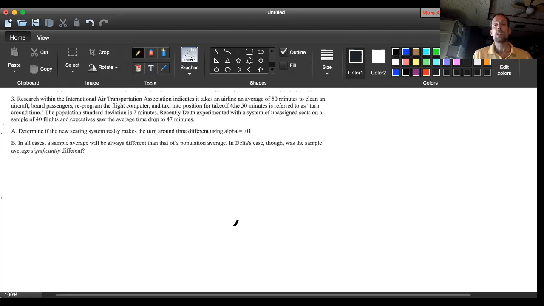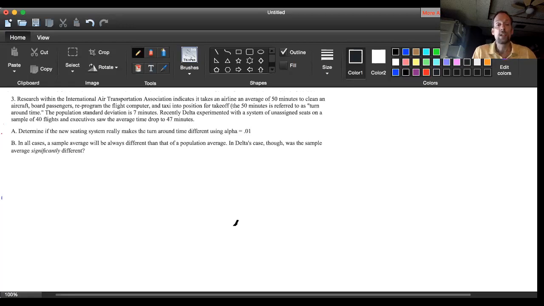They refer to that as turnaround time. And the airline has a pretty strong interest in seeing if they can reduce that turnaround time, because if they can reduce it, it means they can get more planes to take off in one day and they can be more profitable. And Delta's done this experiment where they try this system of assigned seats, and they want to find out if that's going to make any kind of a difference.